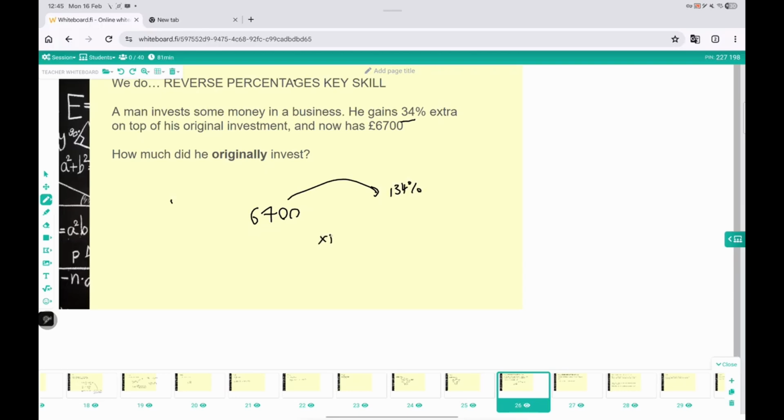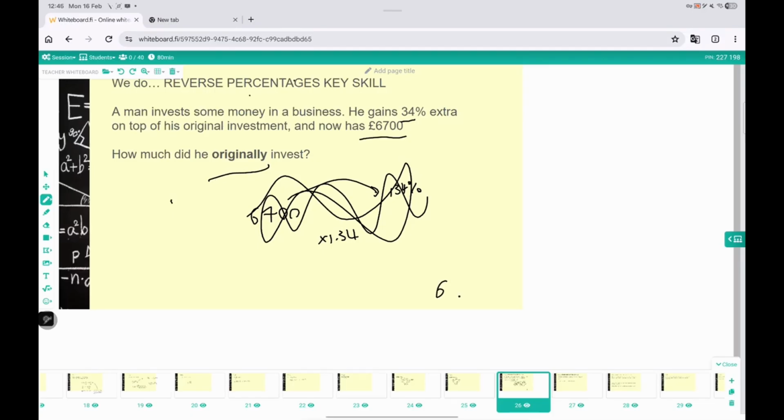So I need to times by 1.34, and that'll be my answer. No. Look at the language here. You're being asked to find out how much you originally had, and we now have 6,700. So you've been given the answer to the question, and you've got to find out what the original question started with. Okay? So we added on 34%.